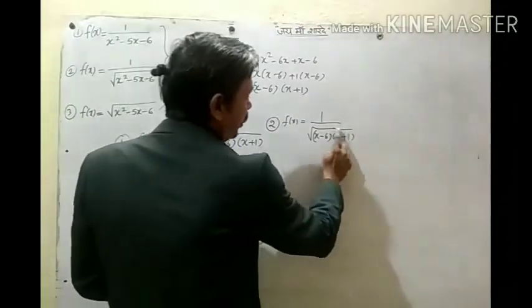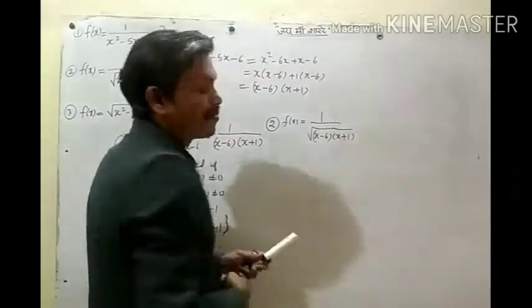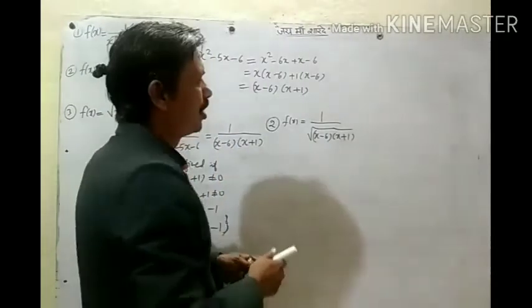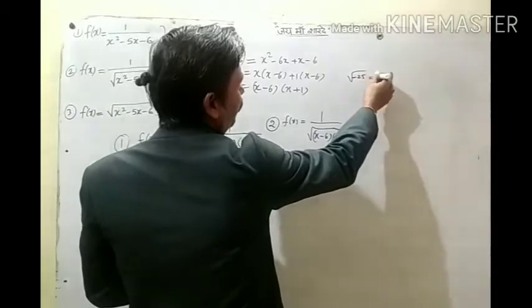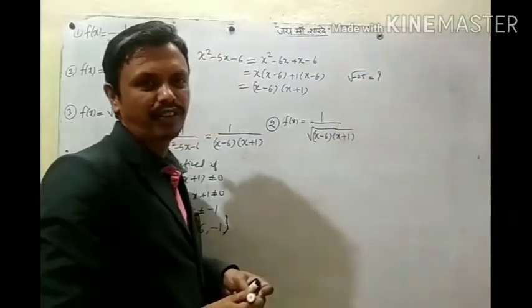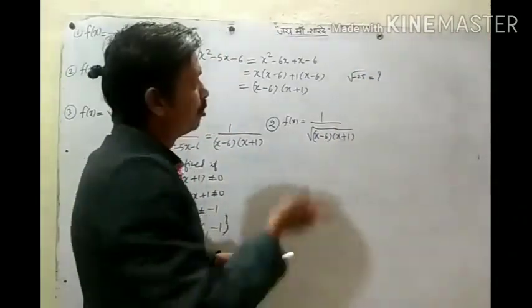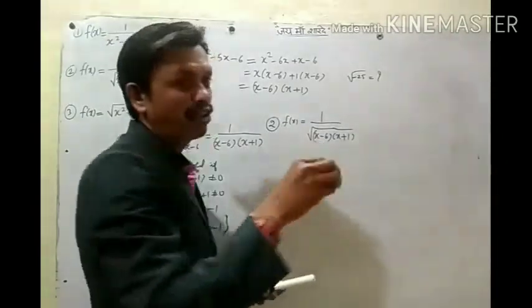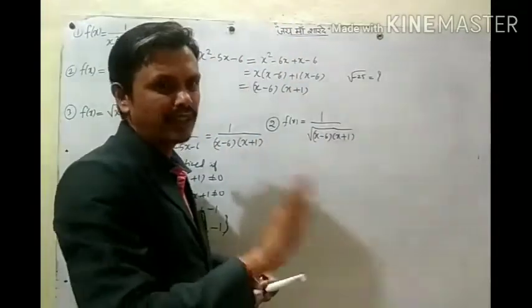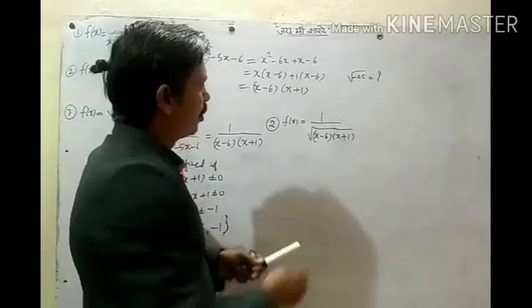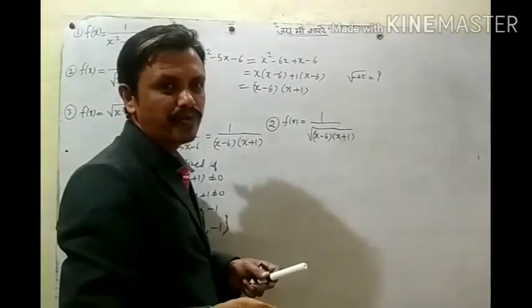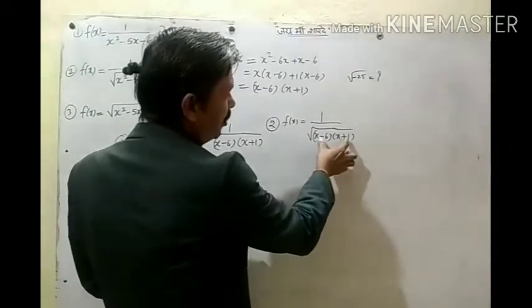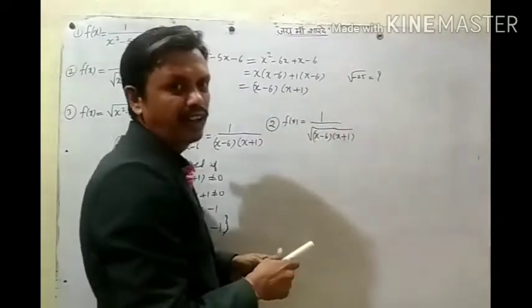Then this number should not be negative. Root of minus 25 is what? It is not possible. Whose square will be minus 25? Whose square will be minus 16? Whose square minus 4? We cannot find. Okay? So this x minus 6 into x plus 1 should not be negative, and cannot be 0 also, because if it becomes 0, the function will not be defined.